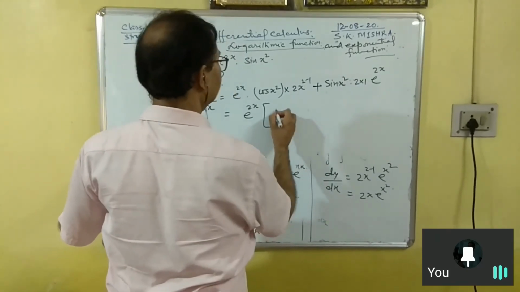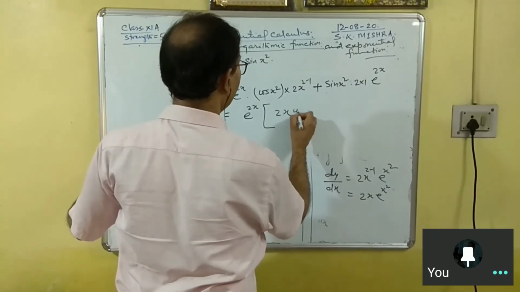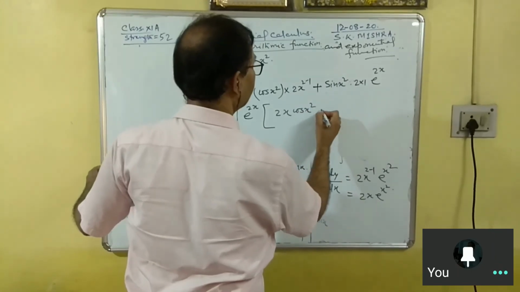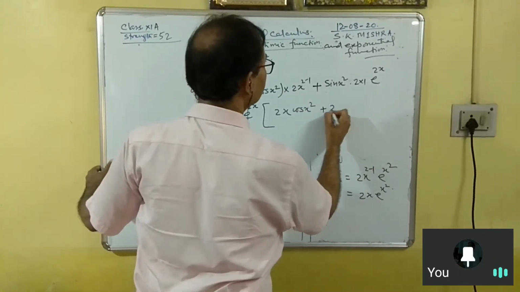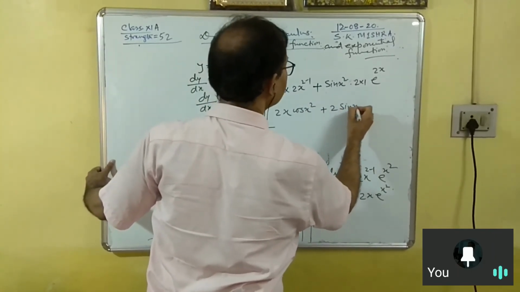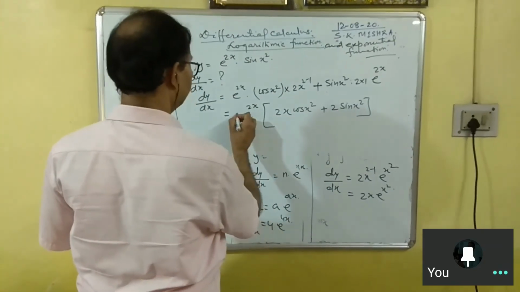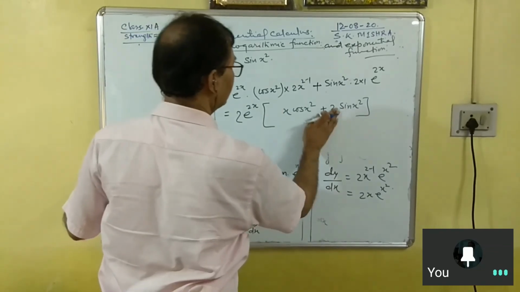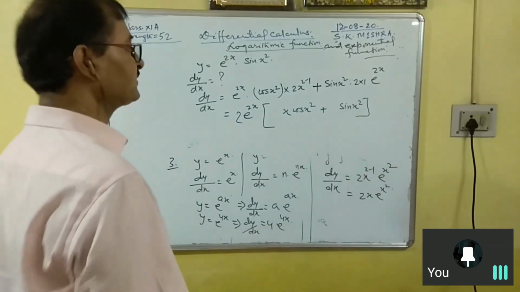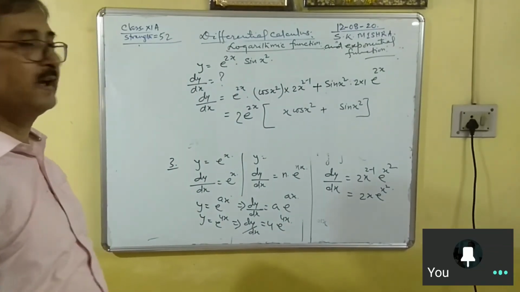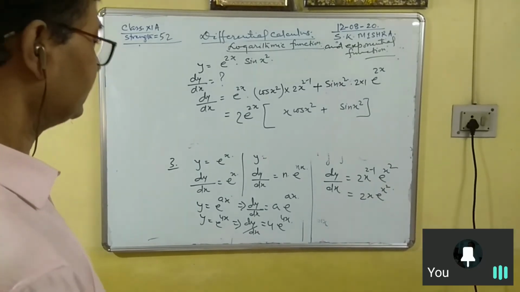Then finally it is 2x cos(x²) plus 2 sin(x²). You may take 2 common, so take 2 outside. Then it is x cos(x²) + sin(x²) is the answer.